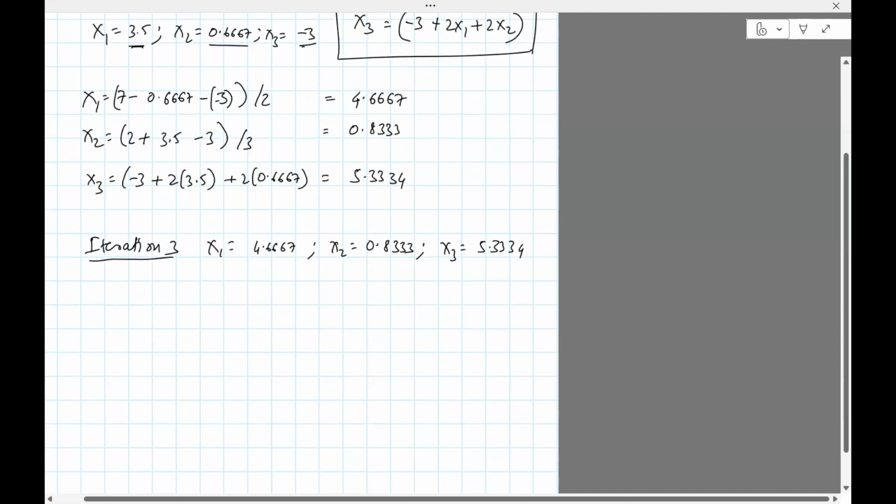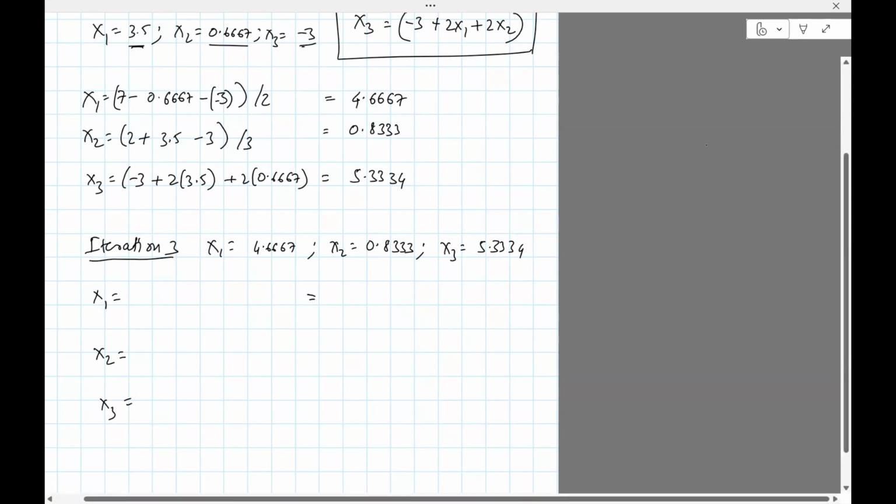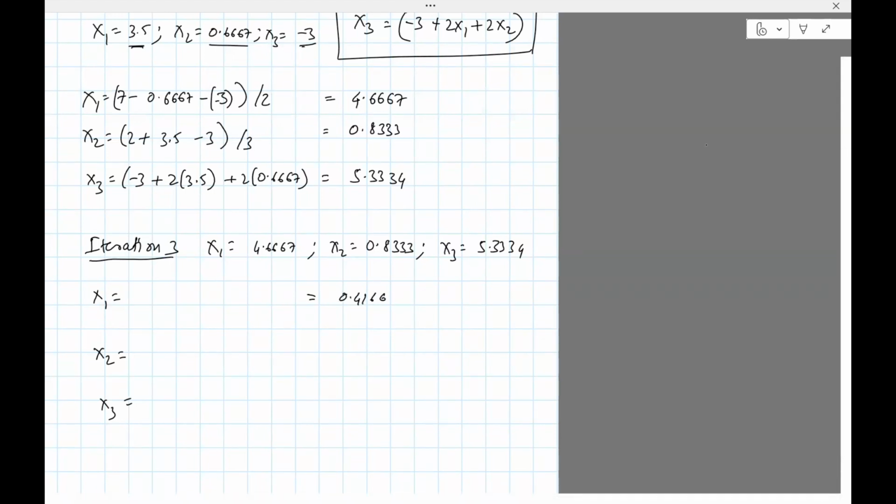Yeah, I'll leave some space for you to do this, but I'll give you the solution. What I get from this is, so write the equation for x1, x2, x3, just as I wrote there, and then show that this will be equal to 0.4166, 4.00, 8.000.